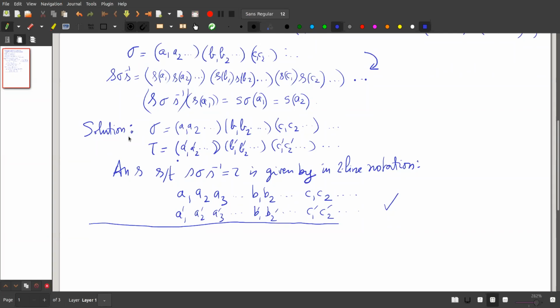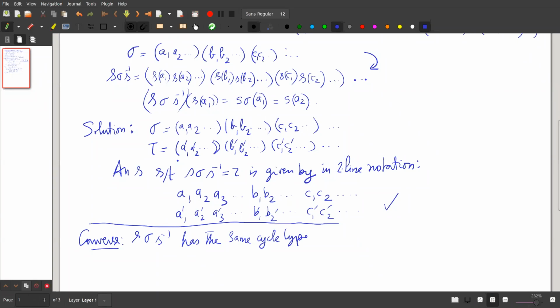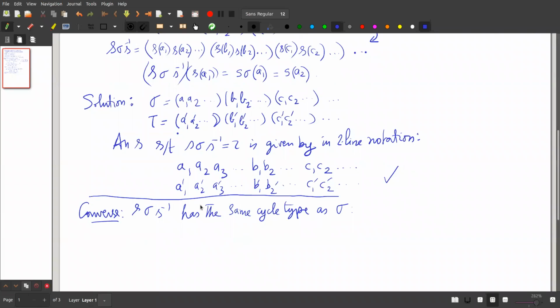Okay. So how about the converse? Let's write the converse: S sigma S inverse has the same cycle type as sigma. This is what we have to show, right? But that is also clear.